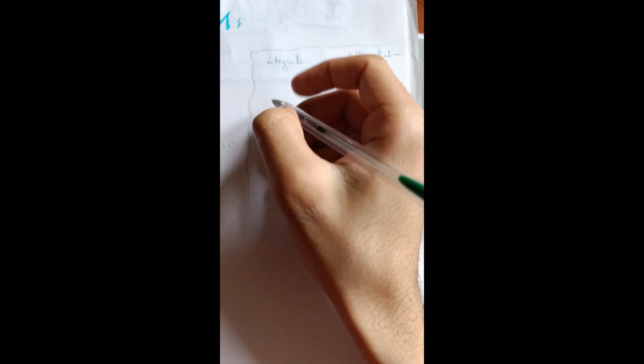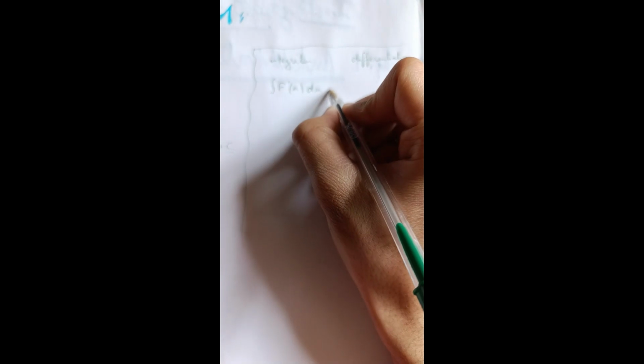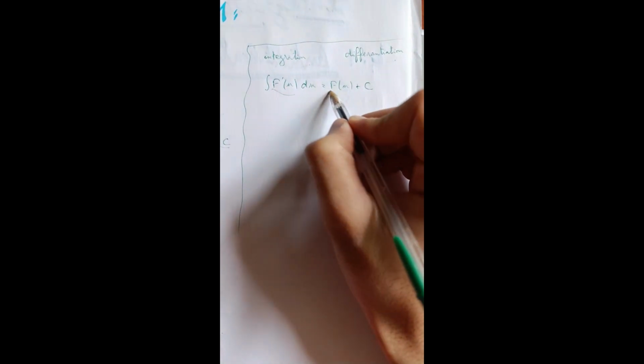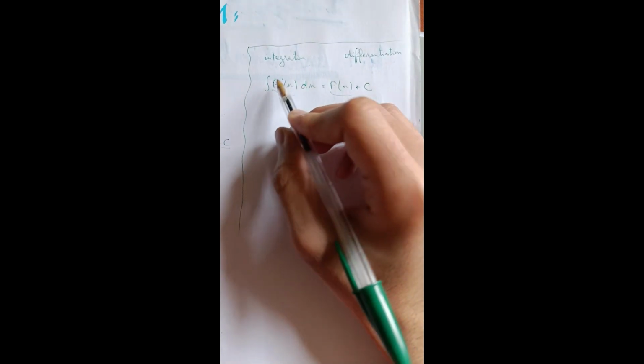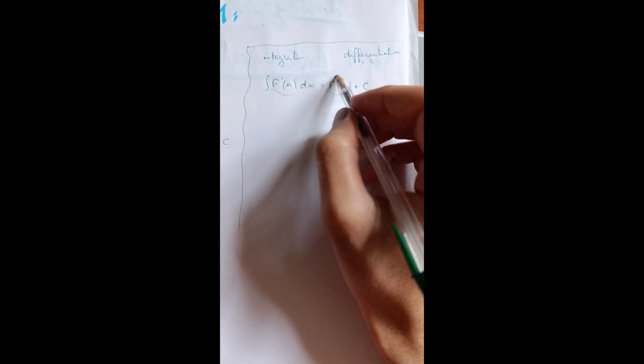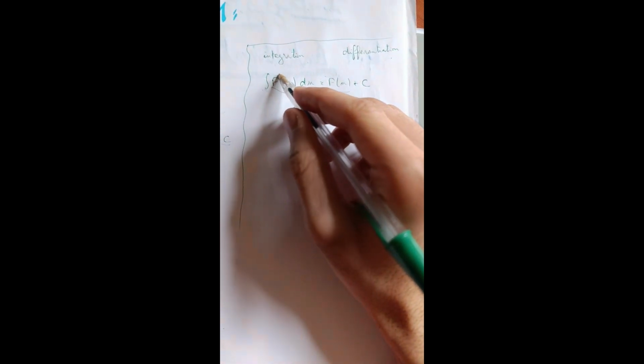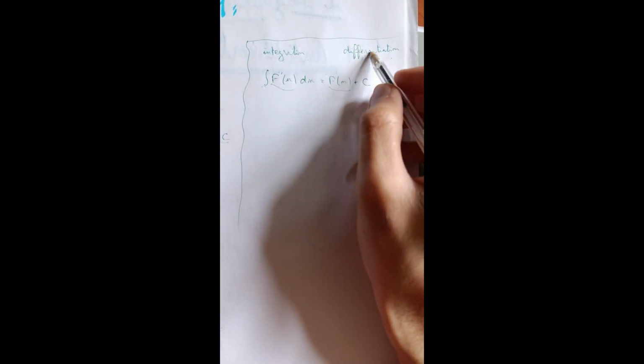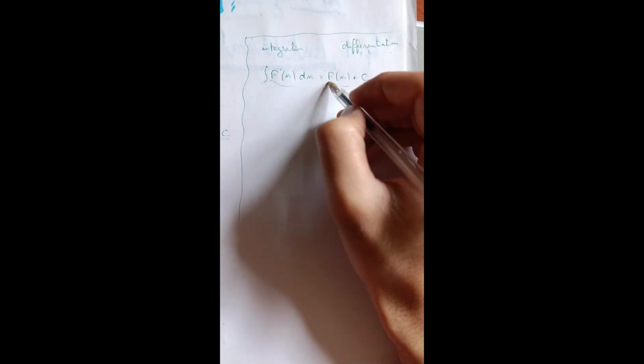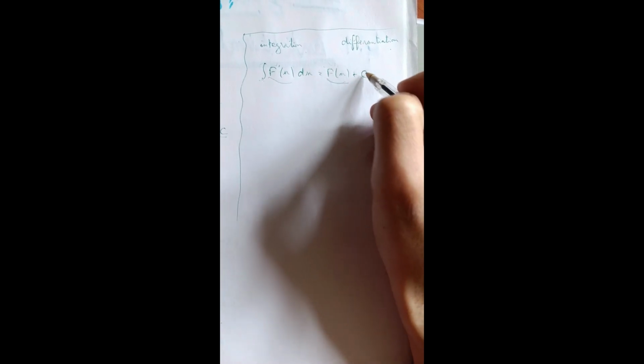Because if we integrate f prime of x dx, we find that it's just f of x plus a constant. f prime is the derivative of f, so integration undoes what differentiation does.